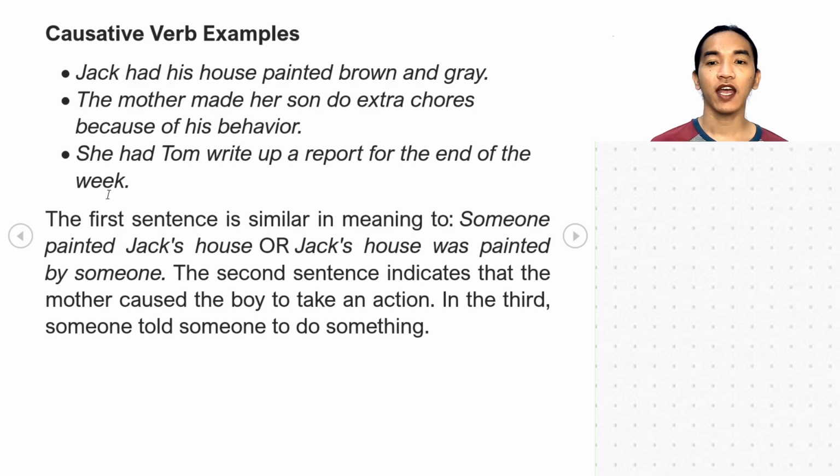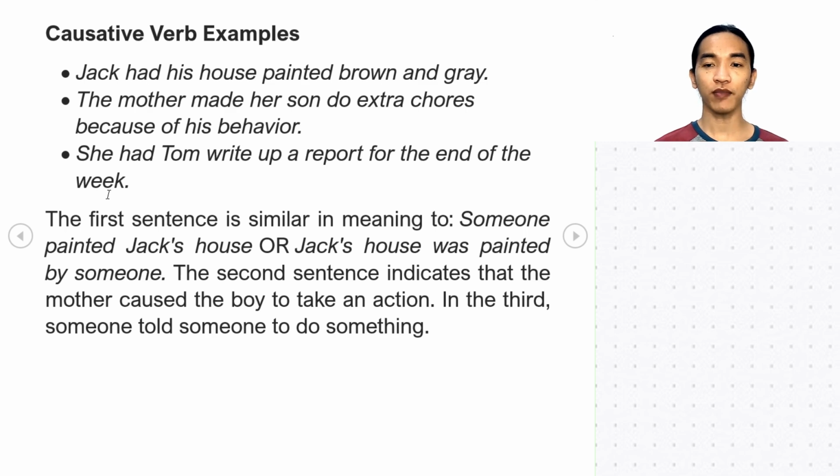Next sentence. The mother made her son do extra chores because of his behavior. So there is a sense of force, like a requirement, all right, by the mother to her son.